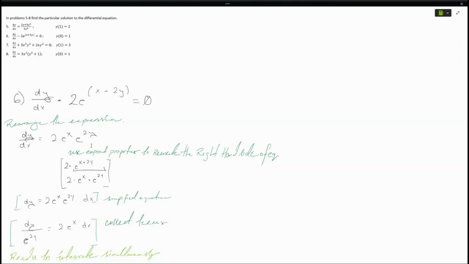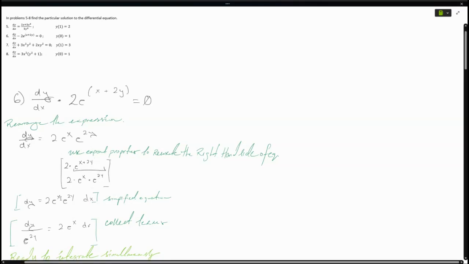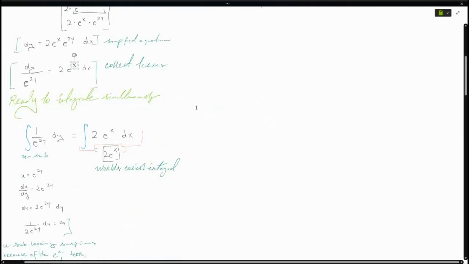I did the same thing up to dy e to the power 2y equal to e^x dx. The same thing, but maybe for the bottom one you use the u substitution. This one I did the writing.